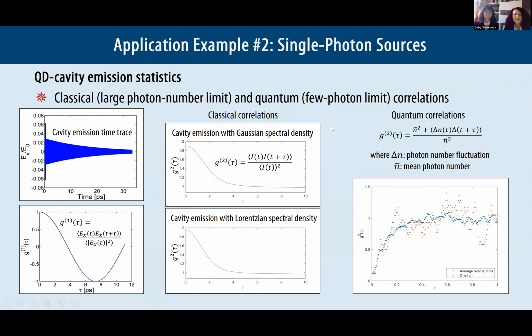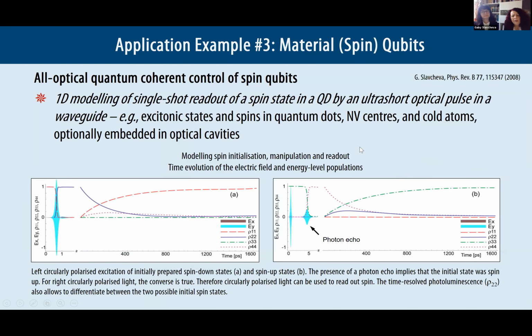Depending on the noise terms that we insert in our Langevin type equations, we can model either classical correlations or quantum correlations, such as anti-bunching, for example. In this particular example, which is very similar to the initial example that I showed, it's a quantum dot which is negatively charged, and there is a confined spin in this quantum dot, but it's in a waveguide.